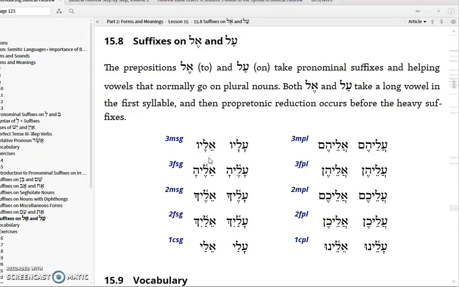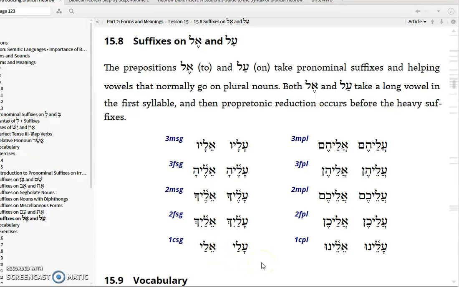Well, elav is unto him. And susheha would be her horses, but then aleha is unto her. And so these endings are the same as the endings on the plural noun.